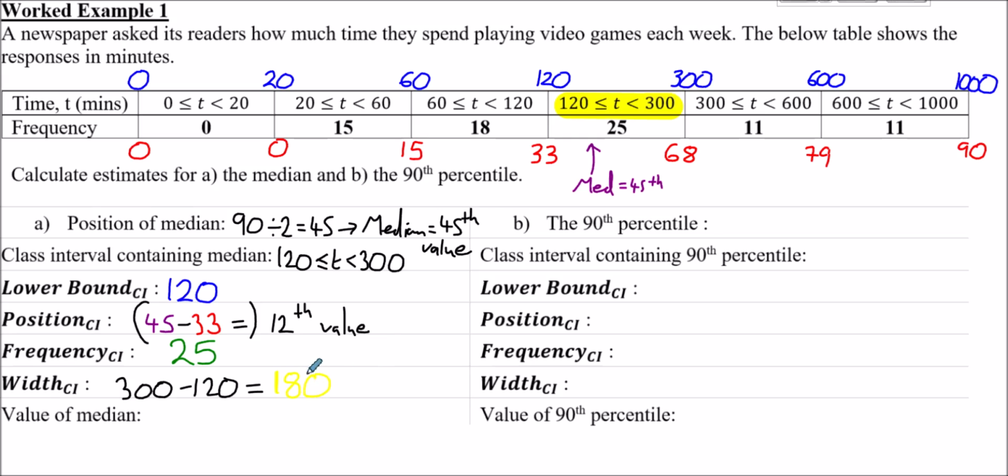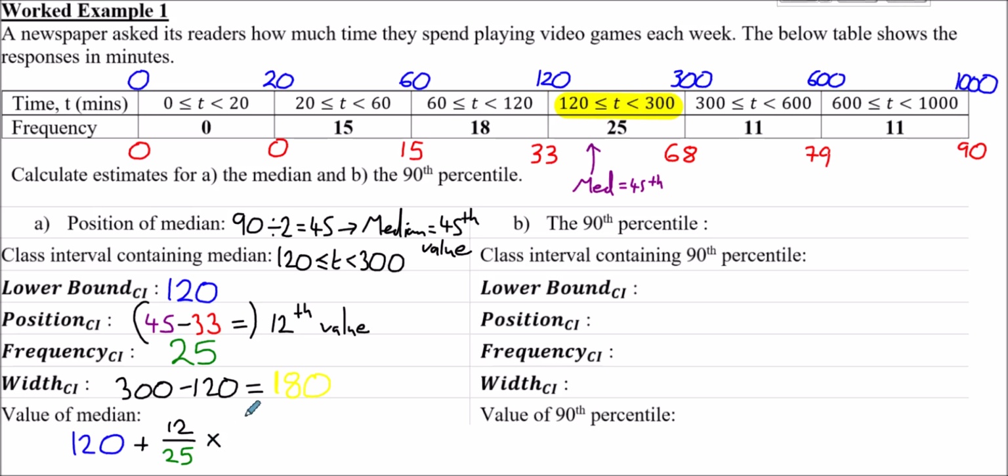Now we've got all the ingredients we need to calculate the estimated value of the median. We start where the interval starts, so we're going to start at 120. We're now going to add on 12, because it's the 12th value out of a total of 25. So we're going to add on 12 25ths of the width of that whole interval.